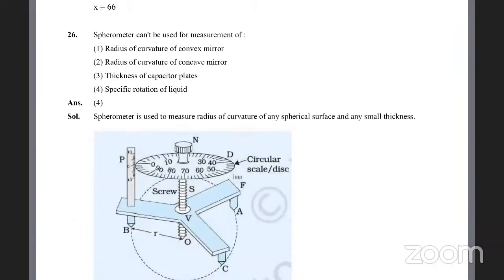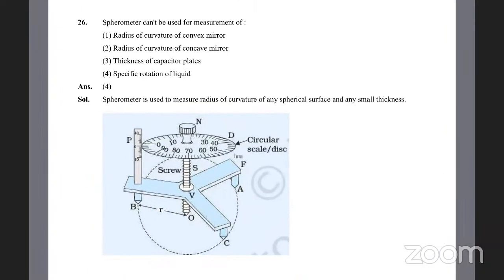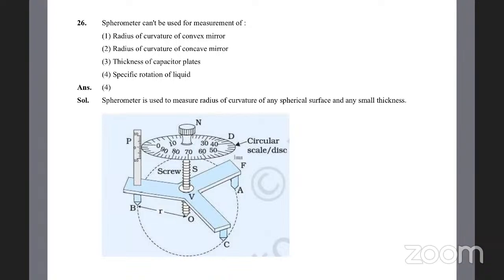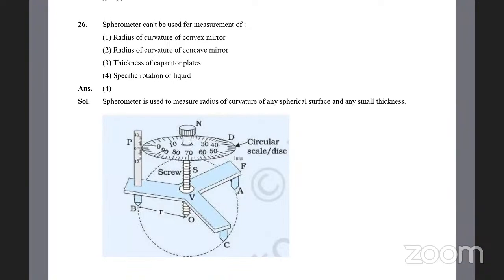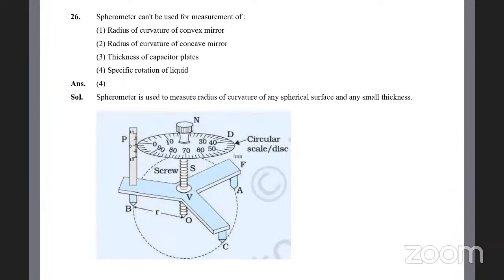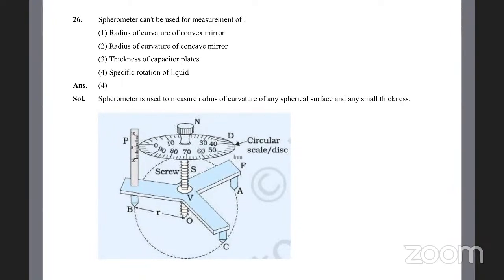So look at this question. Spherometer can't be used for the measurement of what? A spherometer is a device used to find the radius of curvature of any curved surface, maybe a mirror, maybe a lens.